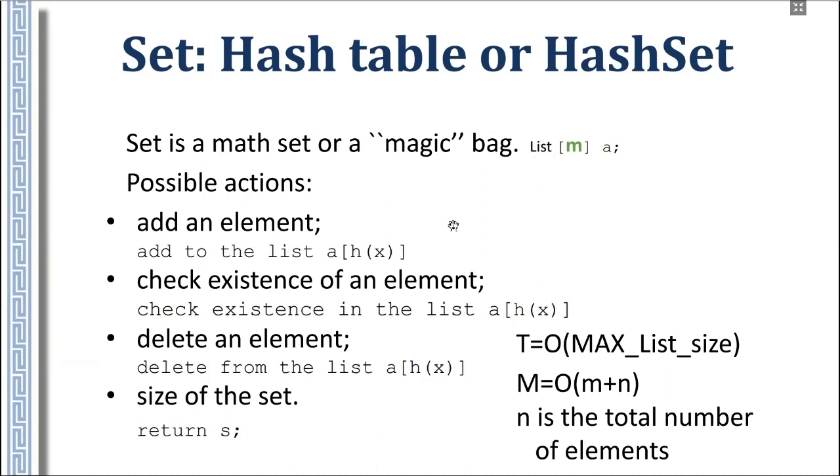In fact, computing hash typically is constant time. Getting the list by hash value is constant time, but adding an element to the list, removing an element, and checking existence, which were discussed before with list implementation, have complexity of the max list size.